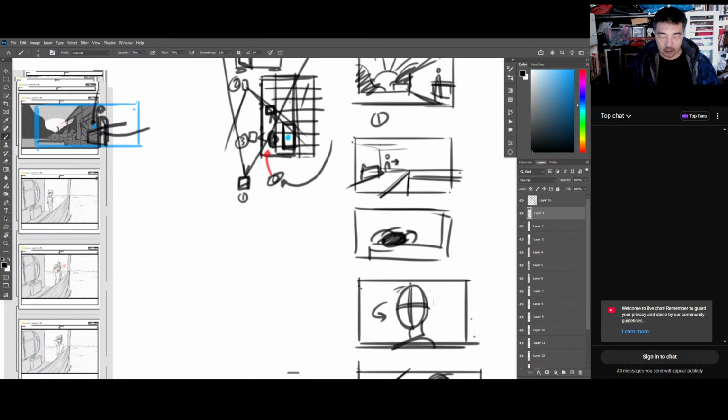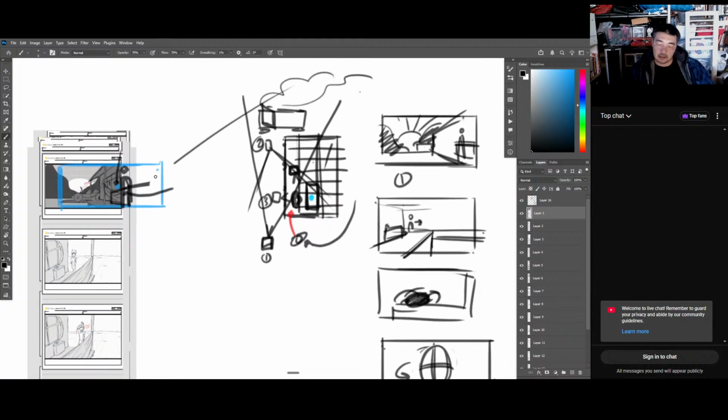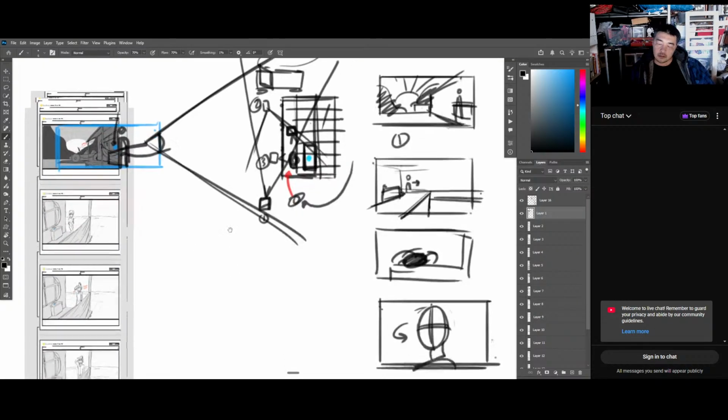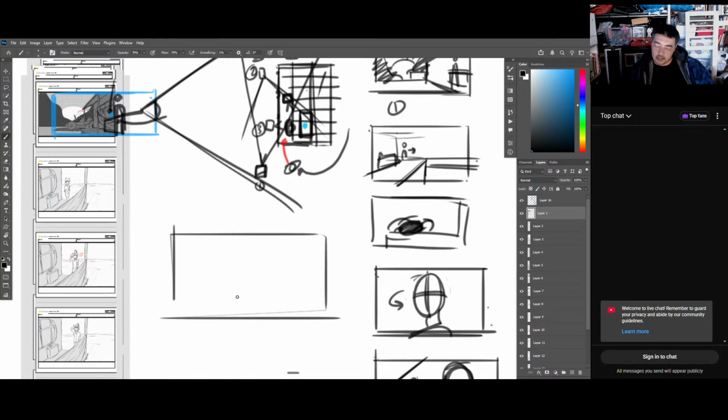I need to know more information about this scene. But I'm always about keep it simple. Why not just start right here? Why not start wide on the car?